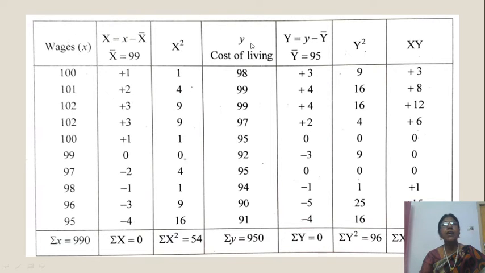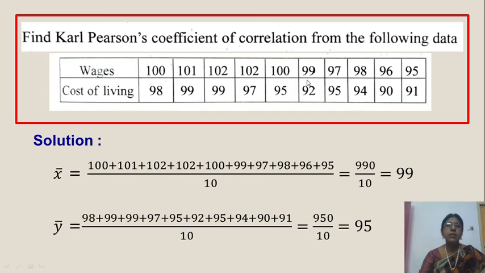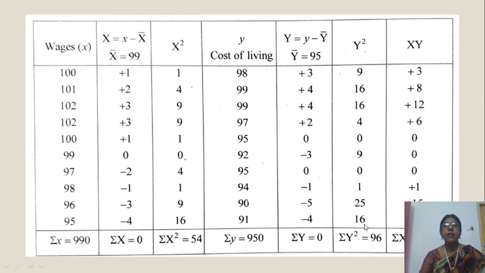Similarly, you frame the y item with the given y values, the cost of living. Next, capital Y is small y minus y bar. Here y bar is 95, the mean of this one. X bar is 99, y bar is 95. Capital Y is small y minus 95.